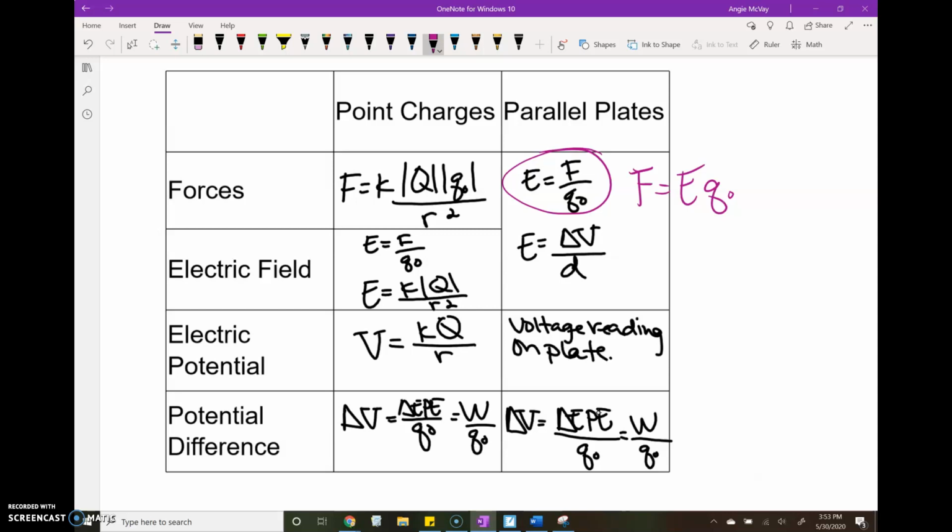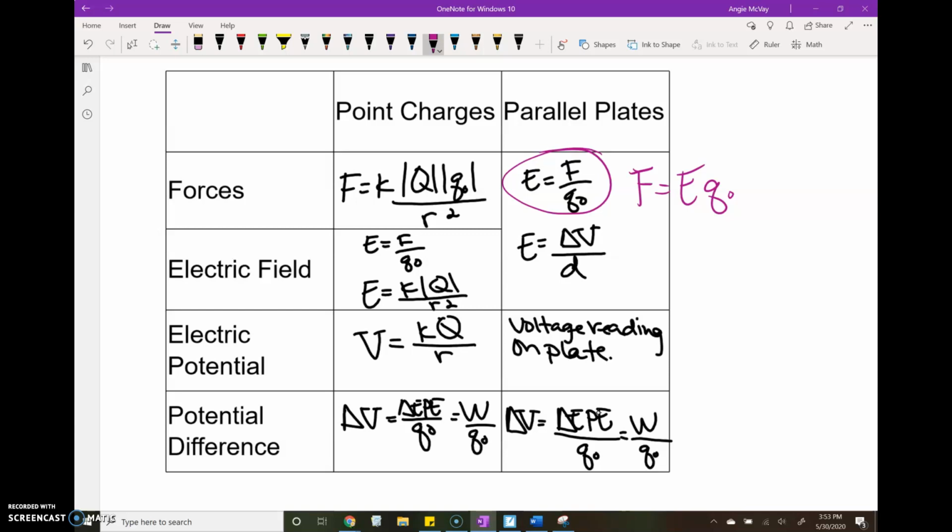So this is the definition of an electric field. So these are kind of overarching. Electric field strength is the same. You can use the same equation for parallel plates and point charges as a definition.